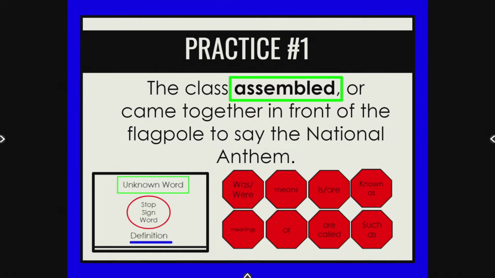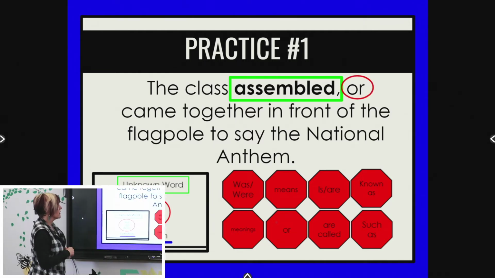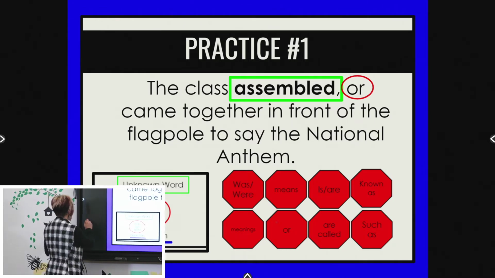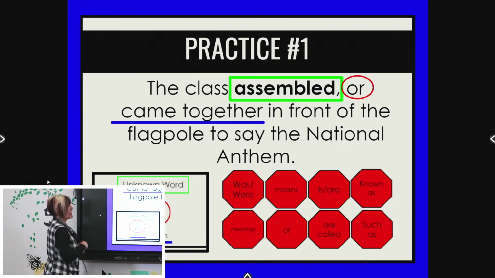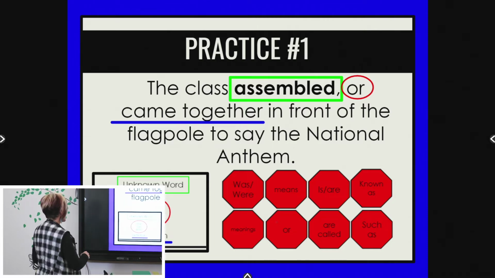Look through there and see which one you find. Excellent again. Or. And then what is that definition after you've read that? What comes after that? Exactly. Came together. So the class came together in front of the flagpole to say the national anthem. I could replace those two words. Excellent job.